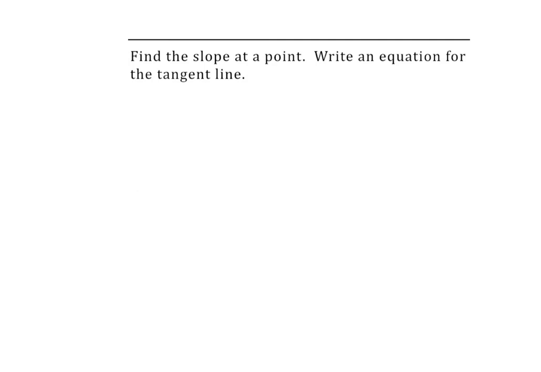Last part of the video, I'm going to give you a function and its derivative, so you don't have to find it. But what we're going to do is write an equation of a tangent line at a point. So let's say I have f of x equals the function 5 times the square root of 3x plus 1.